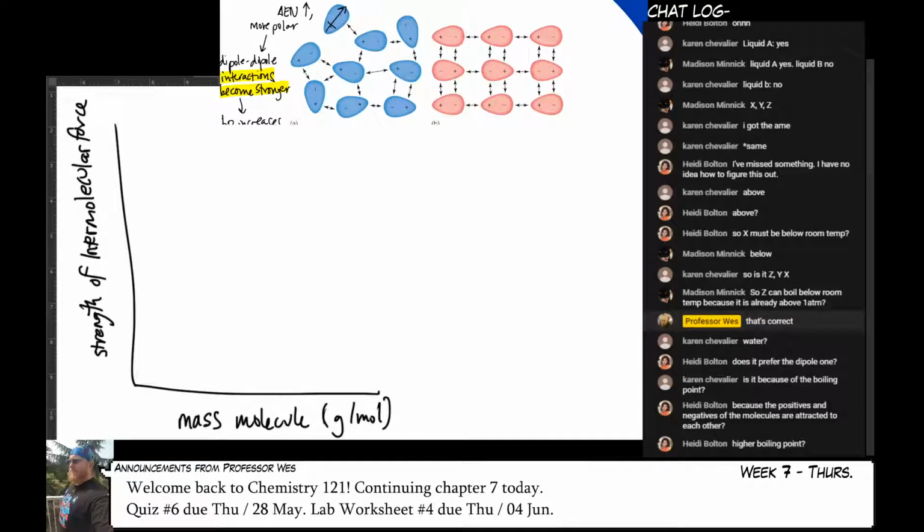All right, so this first one that we looked at was dipole. It didn't save my color. There we go. And these are very strong, but as molecules get bigger, they tend to become less so.